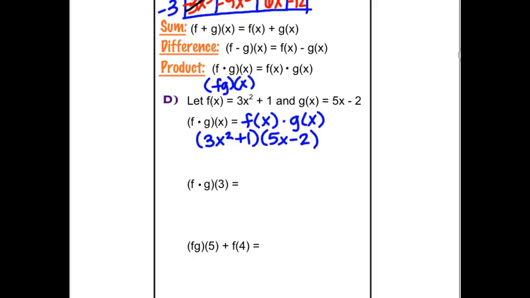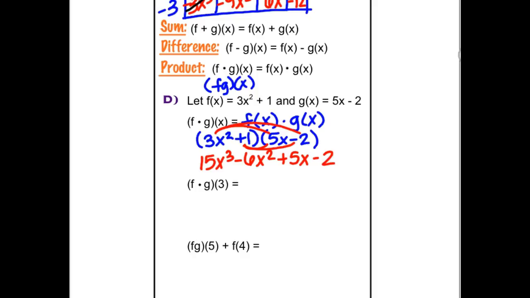Now that we've had a chance for some practice, I'm going to do it in my head. 3x squared times 5x is 15x cubed. 3x squared times negative 2 is negative 6x squared. 1 times 5x is plus 5x. 1 times negative 2 is minus 2. And we're done.